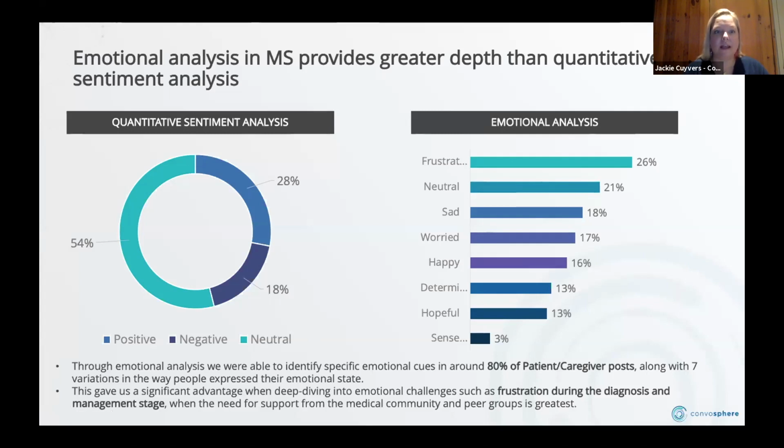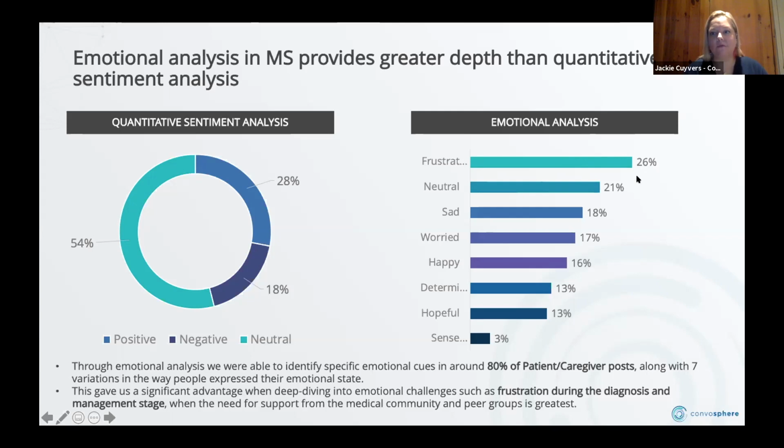So overall, this was the automated scoring provided by the tool, which you can see is quite different than the emotional analysis that we've done manually. At a high level, the positive, negative, neutral, you see that the majority here is neutral, with 54% neutral. That's fairly common when using automated sentiment on a whole therapeutic area.